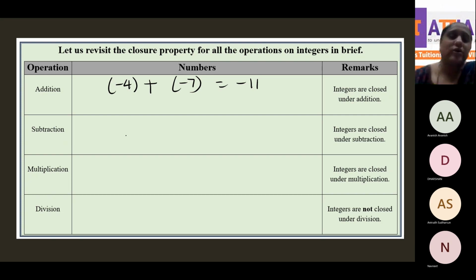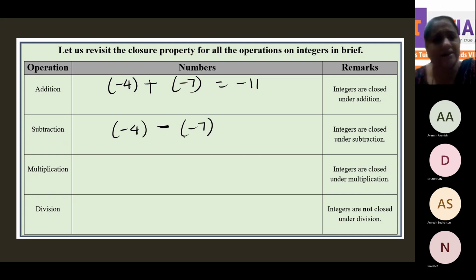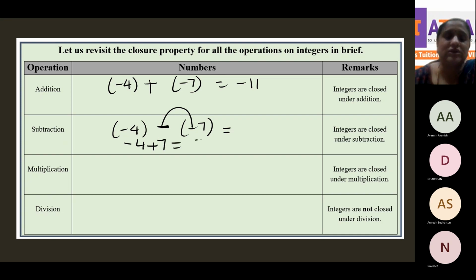Now subtraction. When you take two integers and find their difference, take any two integers. You don't have to take -4 and -7, I'm just taking the same two numbers. When you find their difference, the difference is also an integer. So how do you simplify this? It will be -4, minus into minus is plus 7, and the answer is 3.